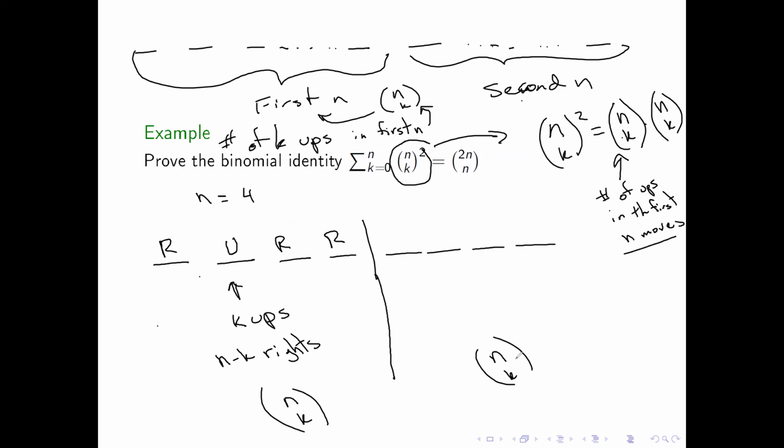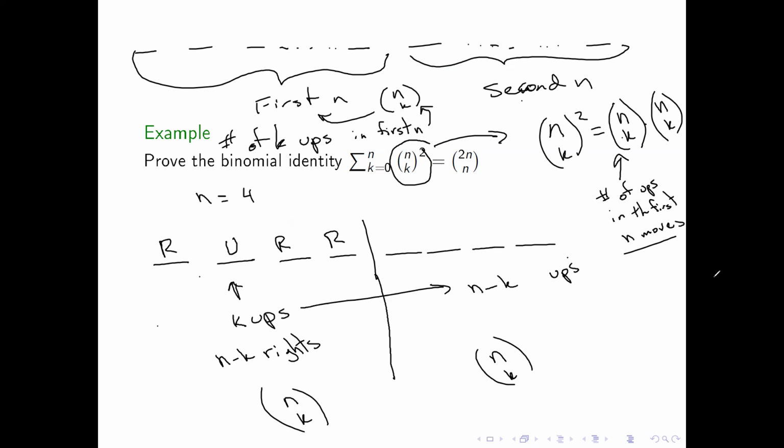Well, if I have K ups over here, I now have to have N minus K ups, because don't the rest of my ups have to be over in the second grouping? Yes, that makes sense.